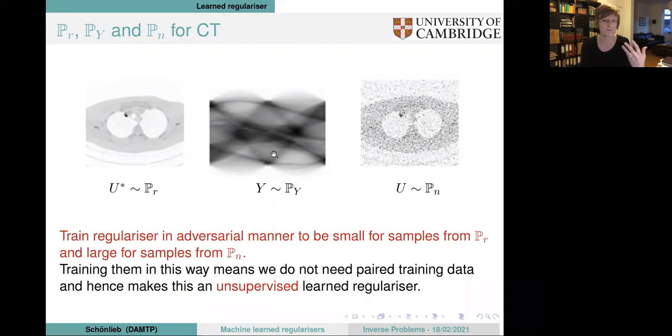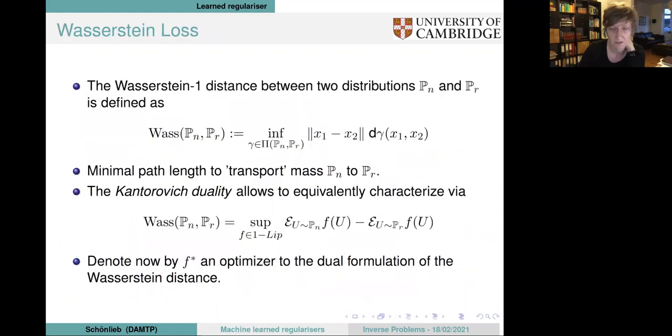So you could have measurements and no ground truth, if you have a way to create or access ground truth looking images, or at least images which you think should influence how the regularizer is optimized.